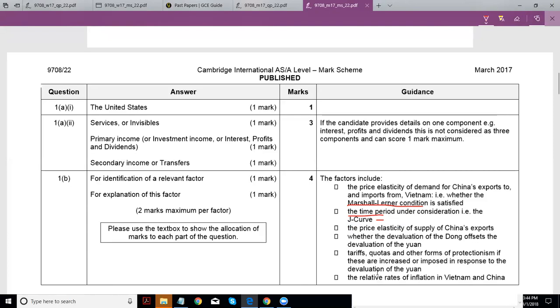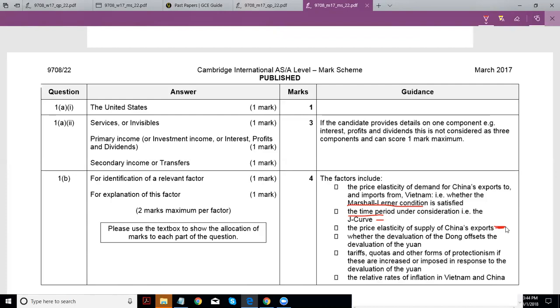Okay, so they have the PES of Chinese exports, which is basically saying the link here with PES is: let's say China devalued its currency, its export prices fell, and the quantity demanded for exports has increased. Can China match that with its supply?